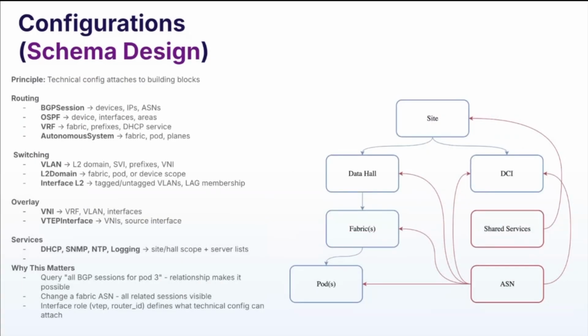That's the kind of timelines we're working with here. So again, we were only looking at modeling what we needed to. We didn't model everything. The key things we were looking at were the routing protocols being used: BGP, OSPF, and the VRFs and where they live.